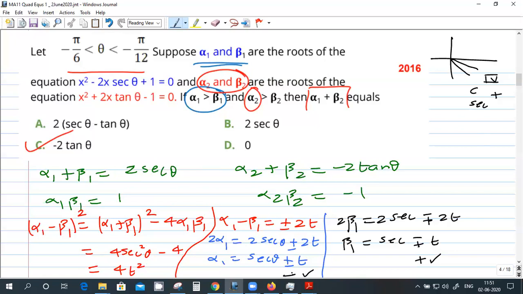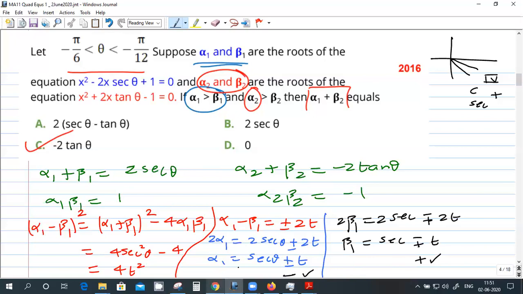So tan is negative in the fourth quadrant. If you take the negative sign, alpha 1 will be less than beta 1 because tan is negative, and they have given that the higher root is alpha. So when you take the negative sign, you'll get alpha. When you take the positive sign, you'll get beta 1. That's why I've taken the positive sign for beta 1 and negative sign for alpha 1.